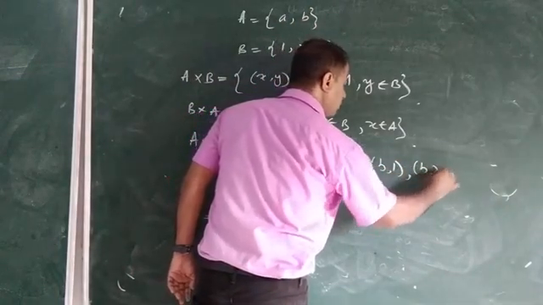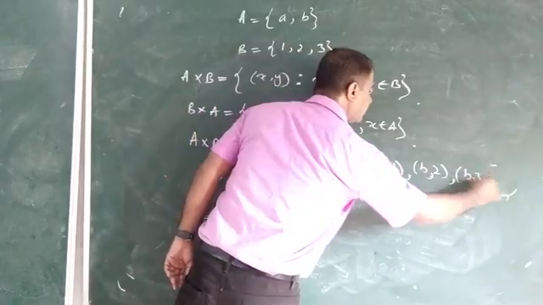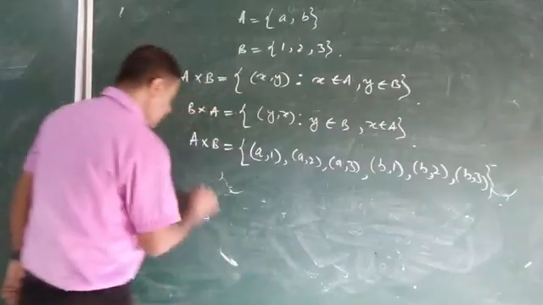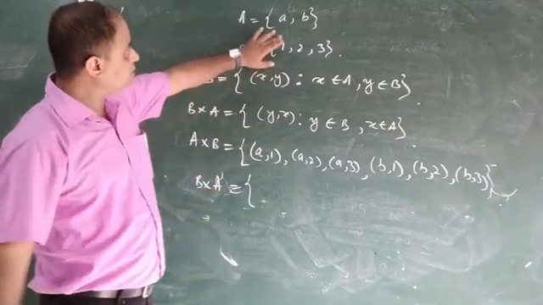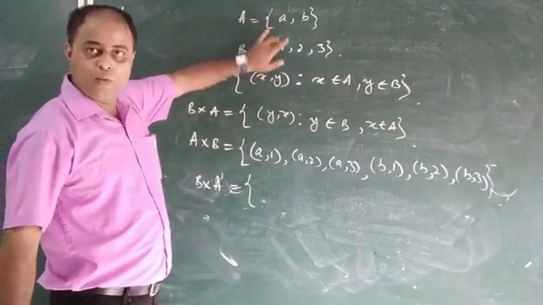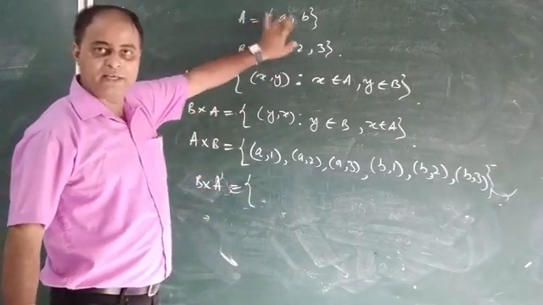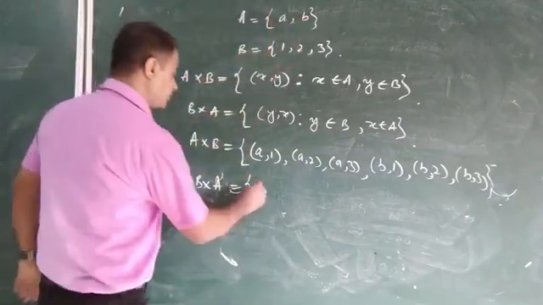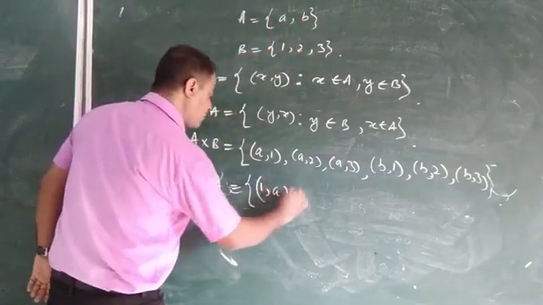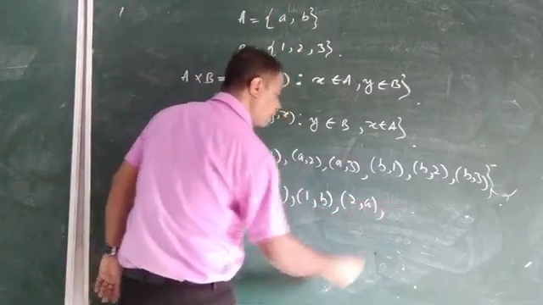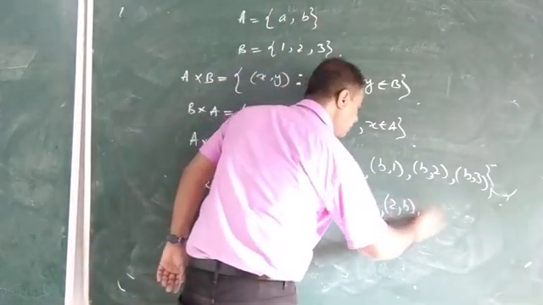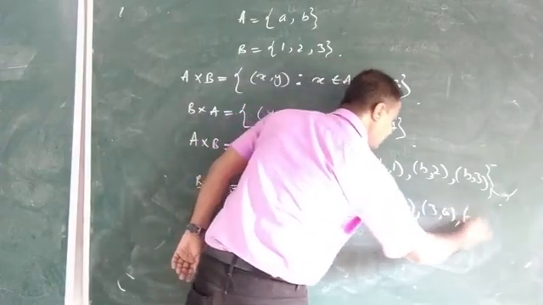Again B cross A is (1,a), (1,b), (2,a), (2,b), (3,a), (3,b).